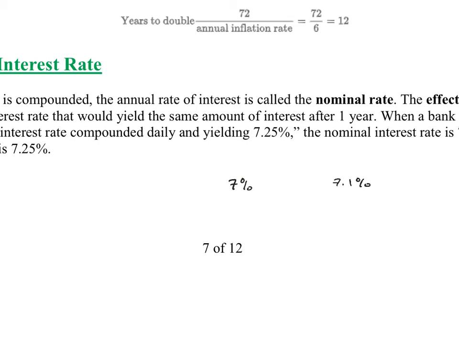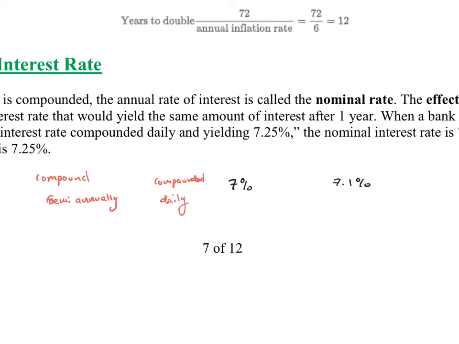As a separate problem, what would you rather have? Let's presume this is an investment, so you want the higher one. So you would want 7.1% on this one. But what if I told you, completely separately, you had two banks, one that compounded, let's say, semi-annually, and a second bank that compounded, how about daily?